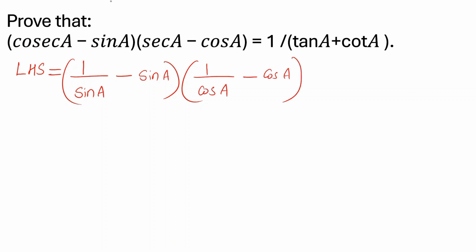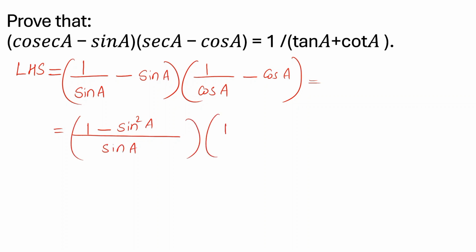Okay, I'm not taking RHS now. I just want to get a form and I will just equate with that RHS. Okay, (1 by sin A minus sin A) equals (1 minus sin square A) divided by sin A, times (1 minus cos square A) divided by cos A. Okay, what is 1 minus sin square A?